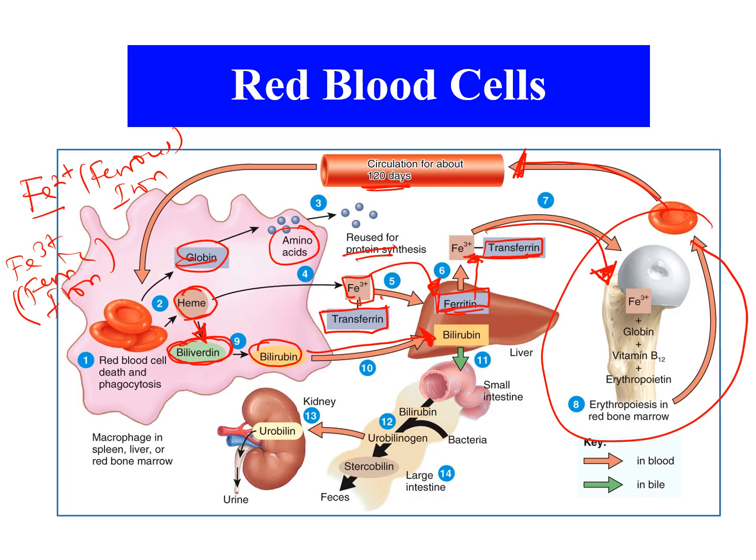In the intestines, this bilirubin is going to be acted upon by the bacteria present in the intestines, converting it to urobilinogen. Urobilinogen has two pathways.